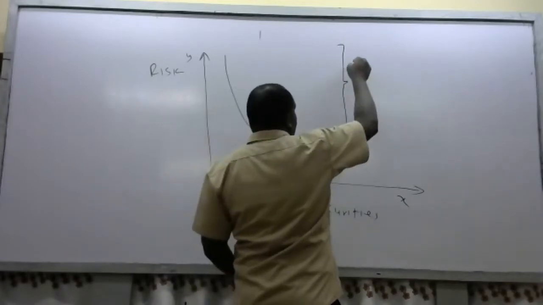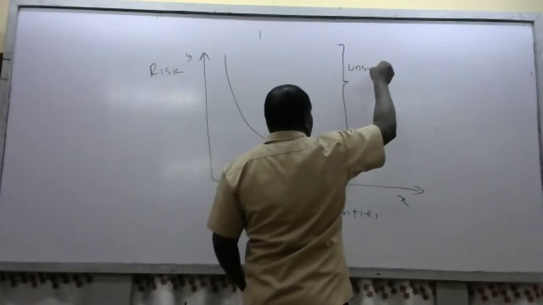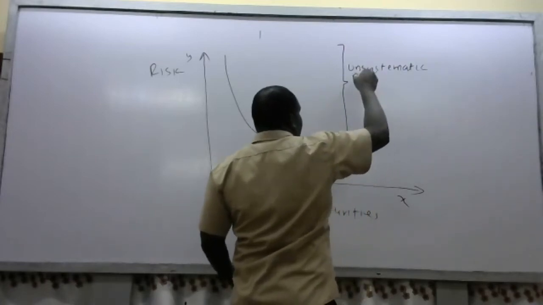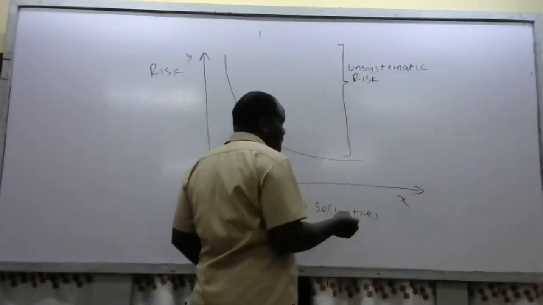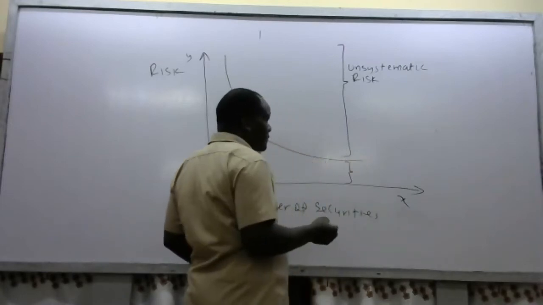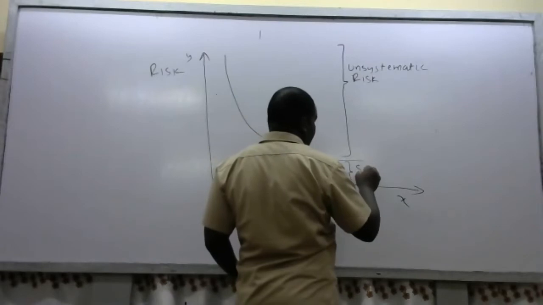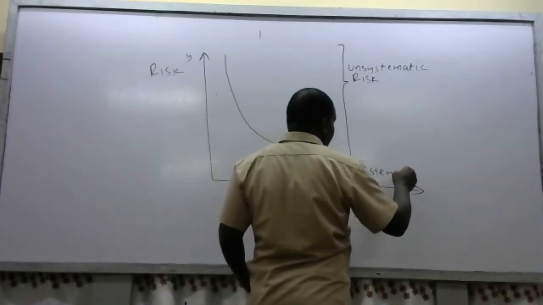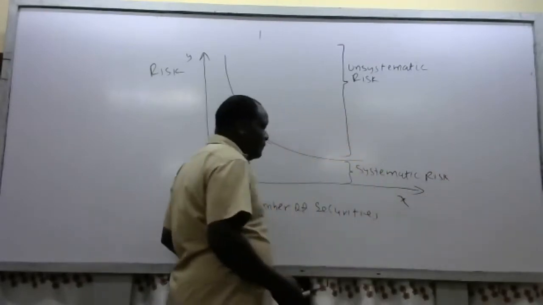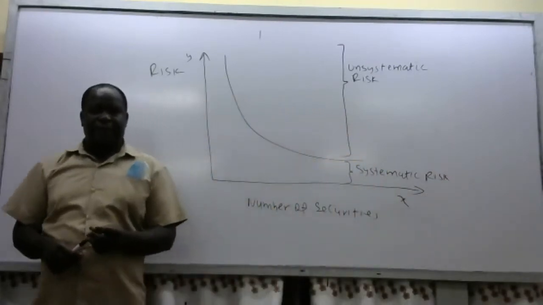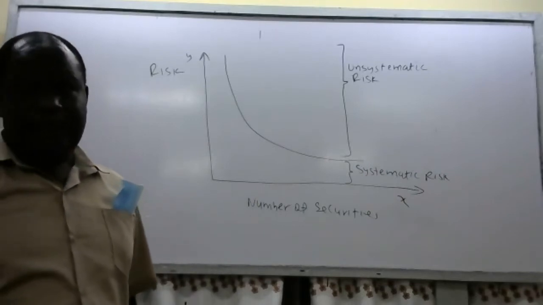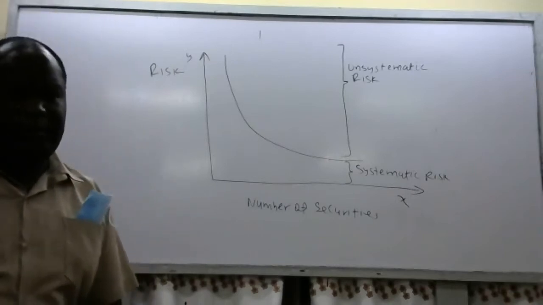So this one is unsystematic risk. This is not the systematic risk. So you can summarize them in that order. You can be able to present it in that one.